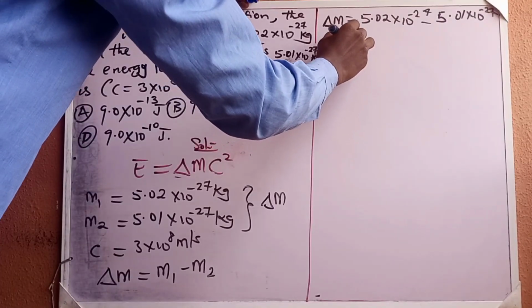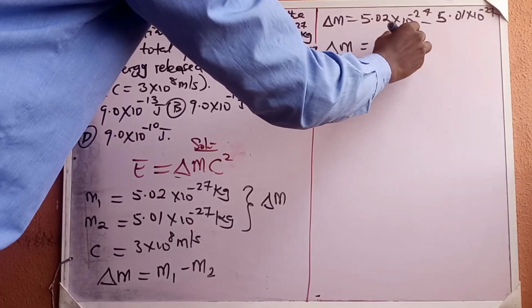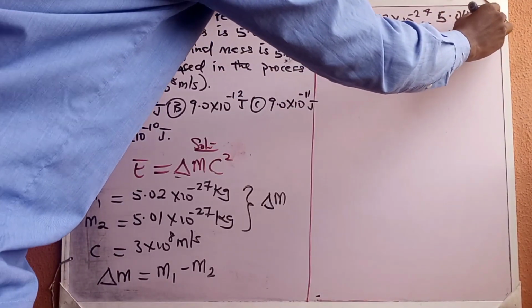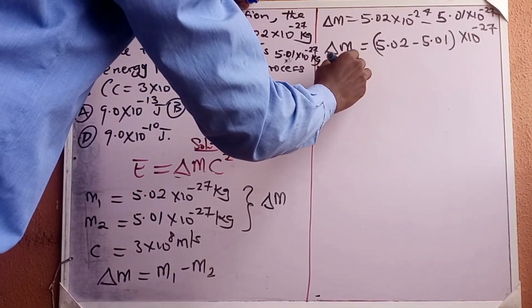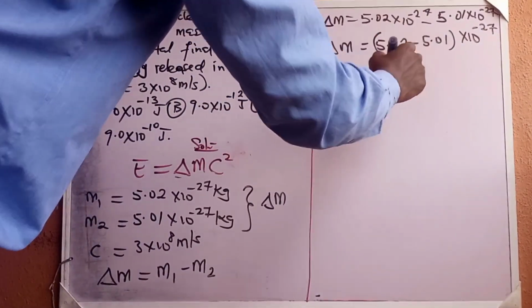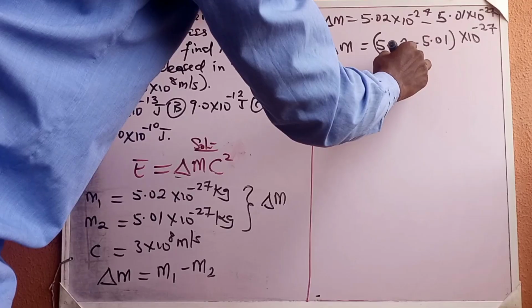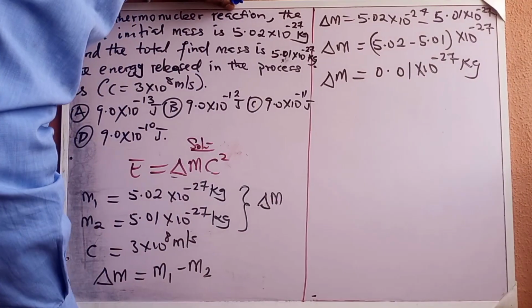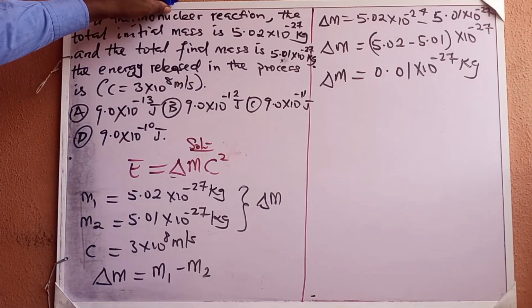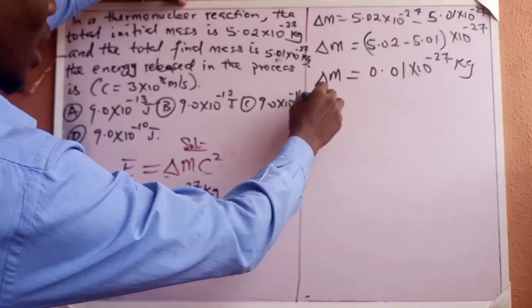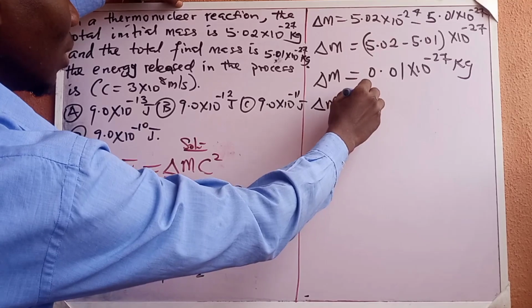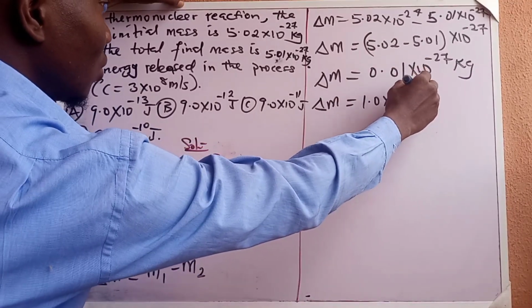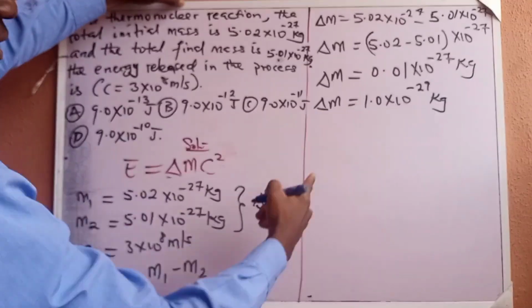So our delta M will be 5.02 minus 5.01, then multiplied by 10 to the power of negative 27. When we do this subtraction, the mass defect will be 0.01 multiplied by 10 to negative 27 kg. So we have gotten our mass defect as this. I can still write this as delta M being 1.0 times 10 raised to the power negative 29 kg. It's still the same thing.